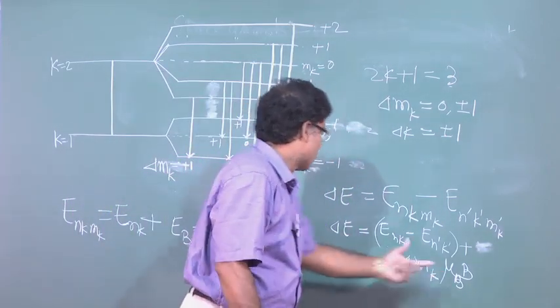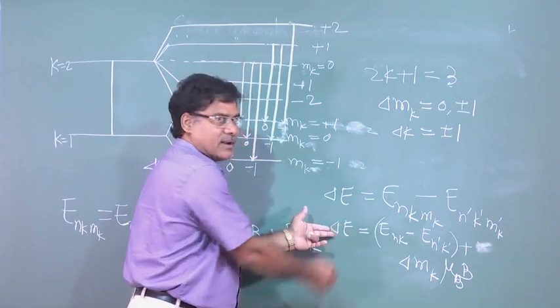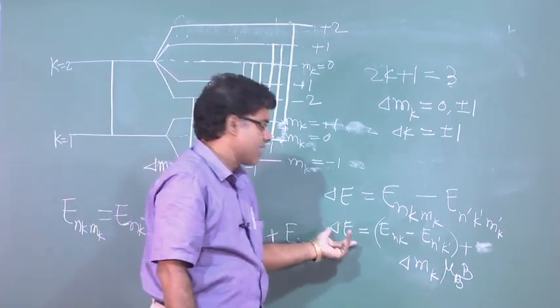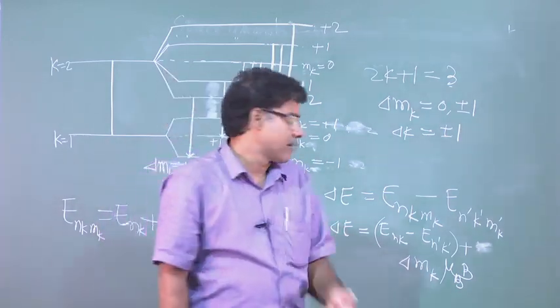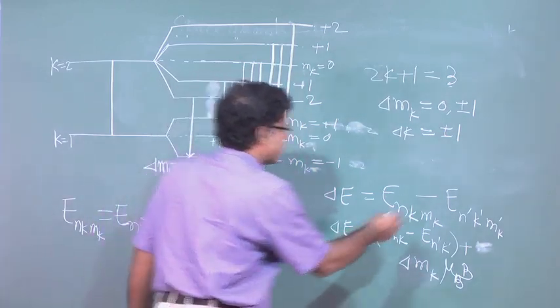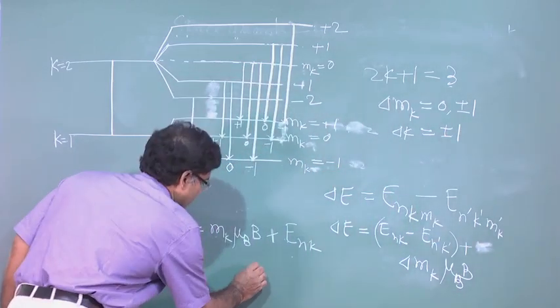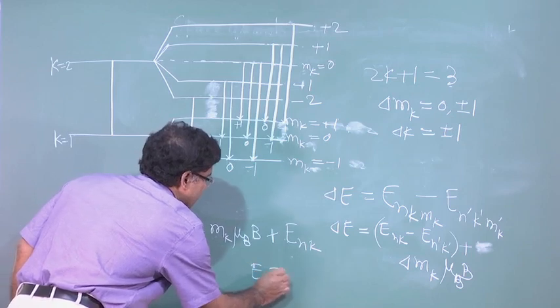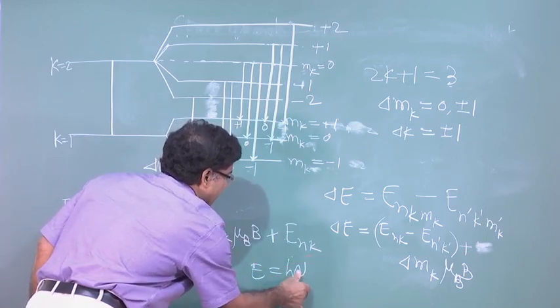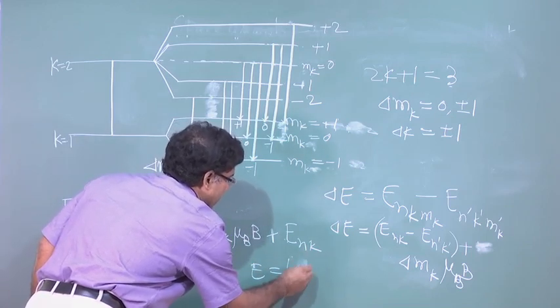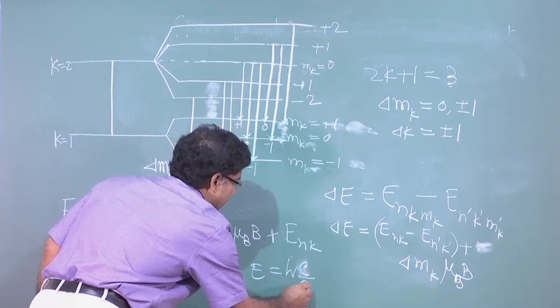So, this is the energy difference. Now, if I divide by hc, I will get lambda, because what is the relation? Energy E equals h nu, and nu equals c by lambda.